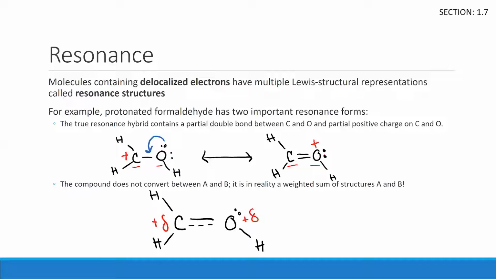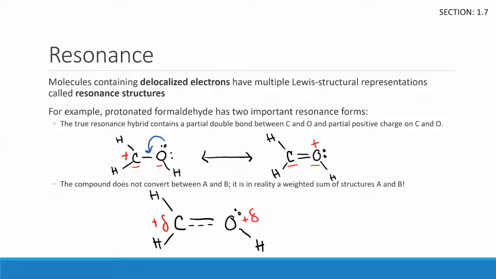If you don't remember how to calculate formal charges, go back to the review video. The oxygen is now forming three bonds. That gives it a formal charge of +1. And you can see that the electrons have moved in to form this double bond between the carbon and oxygen.